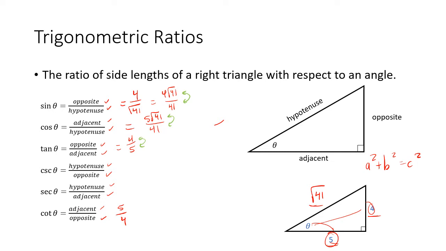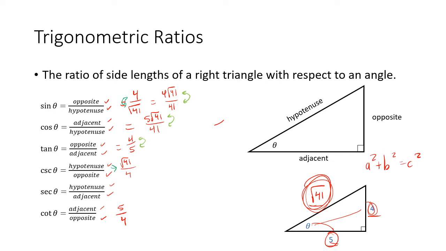Same way. Cosecant is the hypotenuse divided by the opposite, so the square root of 41 over 4. Notice this was the first thing we wrote for sine, and if we flip that, we get this.